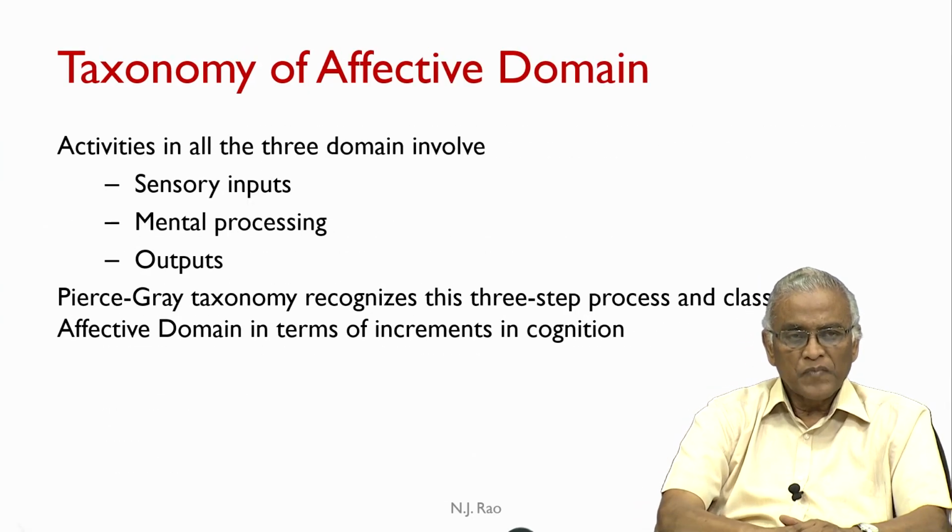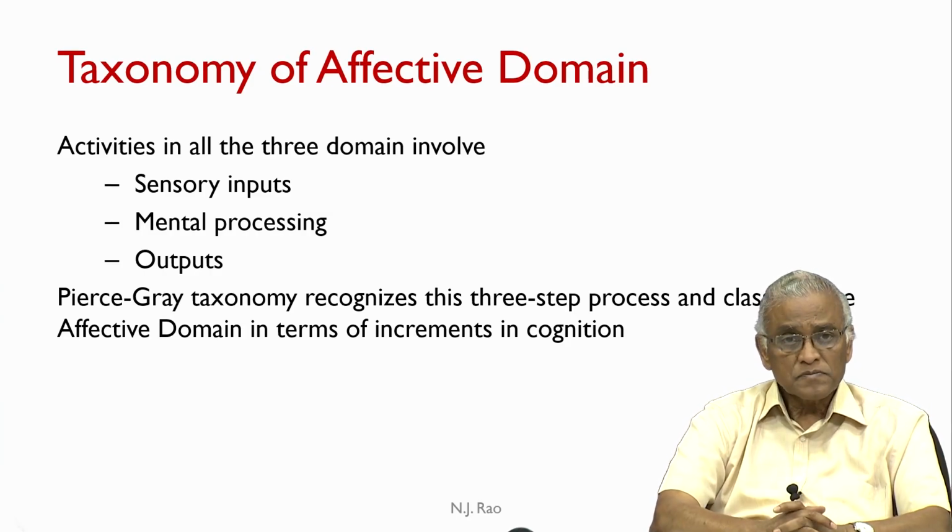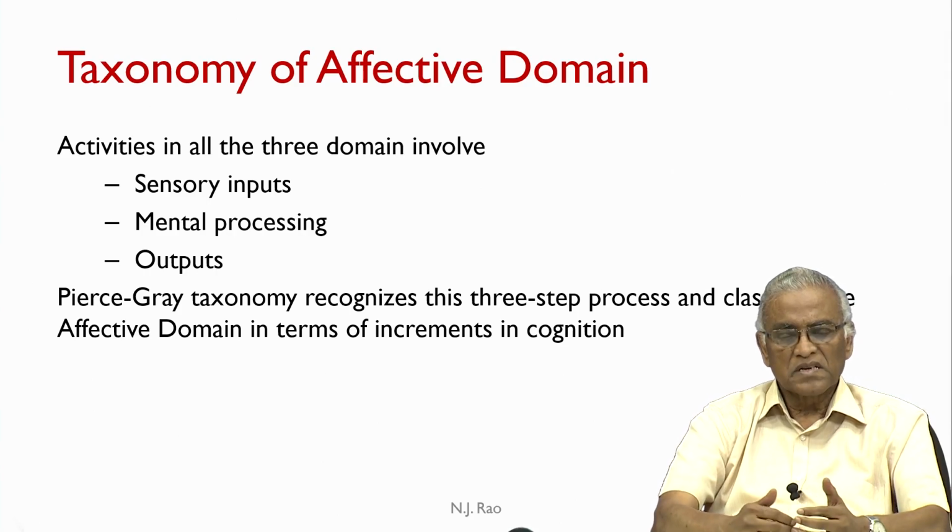Now, let us say all activities in all the three domains involve three stage processes. One is there is sensory input. It comes from any one of the 5 senses.